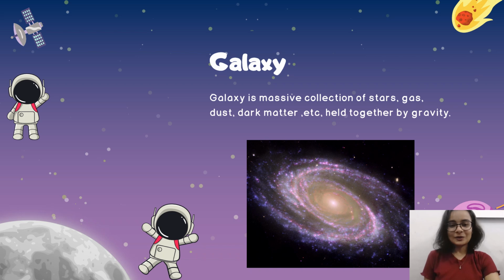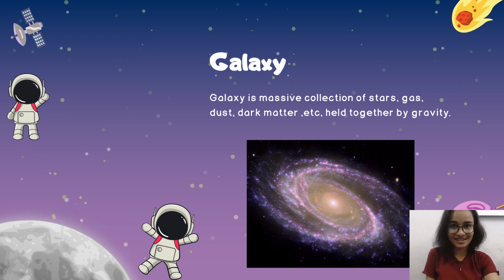As we all know, a galaxy is a massive collection of stars, gas, dust, dark matter, and a lot more things which are bound together by the force of gravity. Here is one interesting thing. Our own home, that is our Milky Way galaxy, can have more than 100 billion stars.